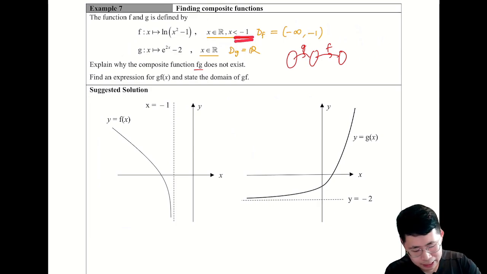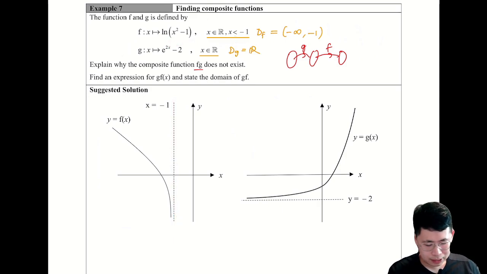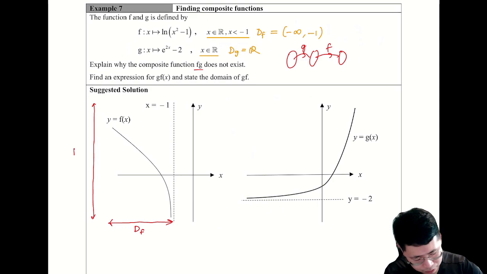So exactly at -1, there is an asymptote over there. So what are the domains and ranges? Over here, this is the domain of f, then the range of f would be over here, like this.